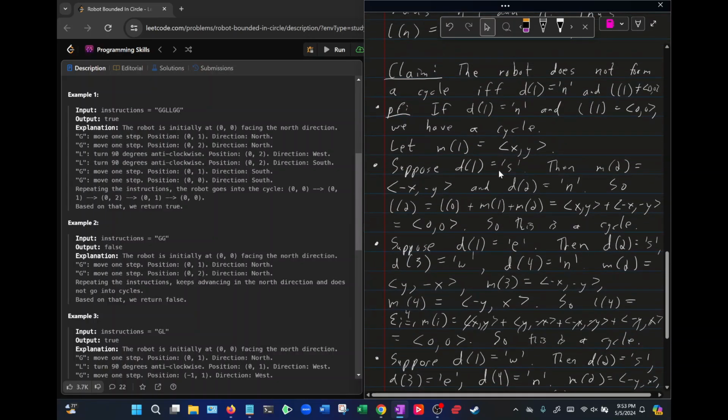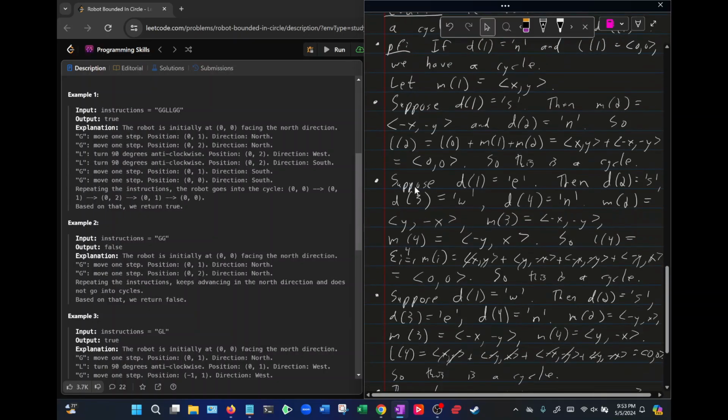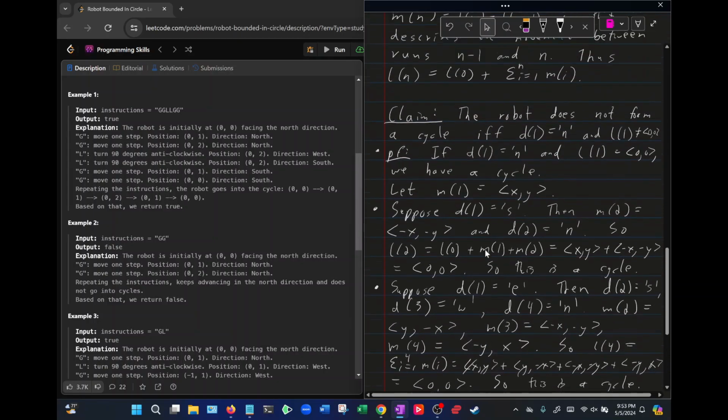And that confirms the claim, because if D1 is n and L1 is not the origin, then the robot does not form a cycle, because we've checked all of the, because those are the 4 scenarios we checked first.